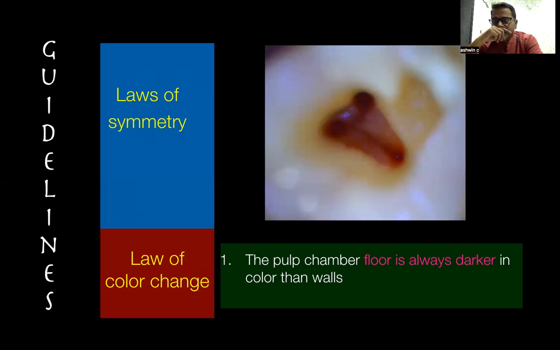Now how will you make sure where to stop? Always remember that whenever there is a color change occurring at the bottom, you have to stop there. That is the importance of color change. So tomorrow morning when you go back to your clinic and check your first patient, always try to find the change in the color of the floor.